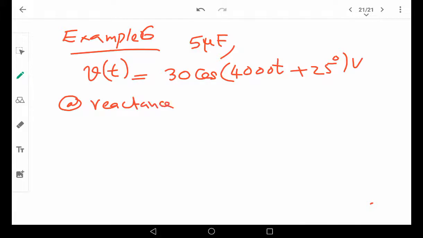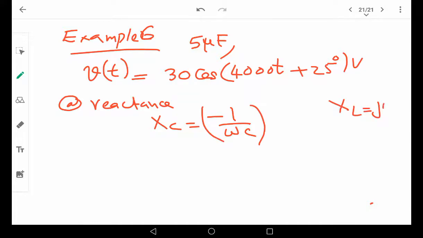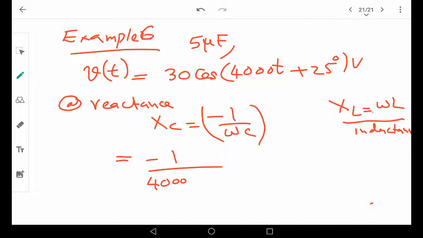So what is the reactance? Reactance will be Xc equal to minus 1 by omega C. For inductance, reactance is given by XL equal to omega L. For the capacitor, X equal to minus 1 by omega C. So that will be minus 1 by, omega is 4000, into the value of C, 5 into 10 raised to minus 6, 5 microfarad.